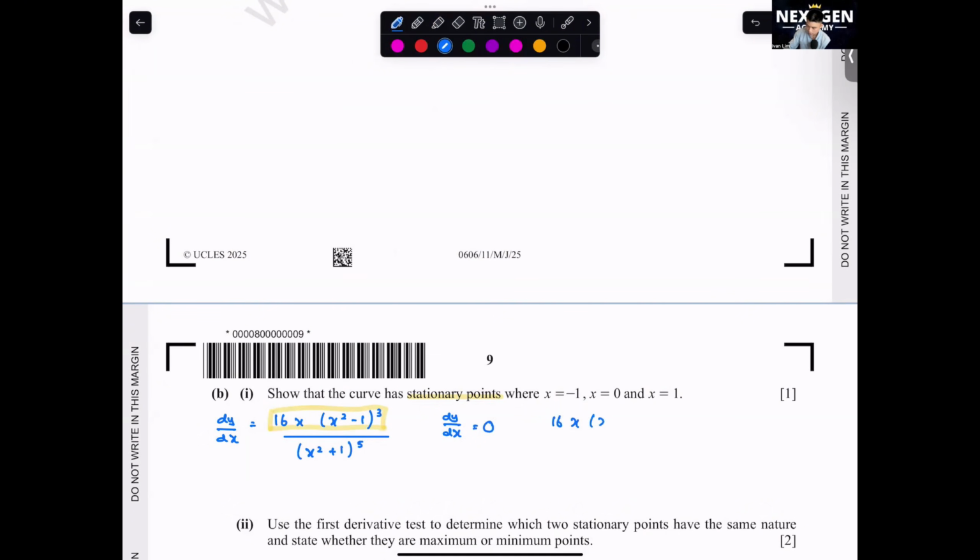So 16x, x squared minus 1 cubed equals 0. We'll get x equals 0. Then x squared minus 1 equals 0, x squared equals 1, x equals plus minus square root 1, which is x equals 1 and x equals -1. So you get these 3 values.